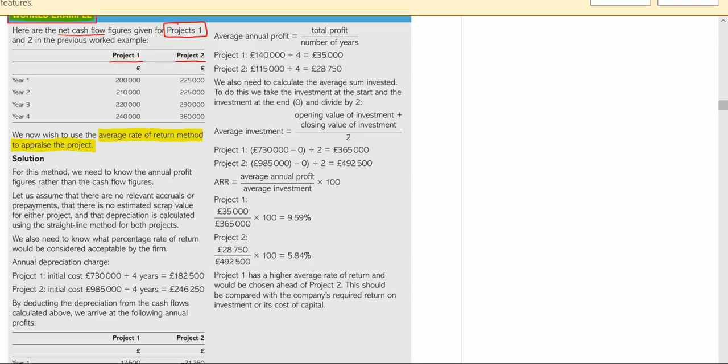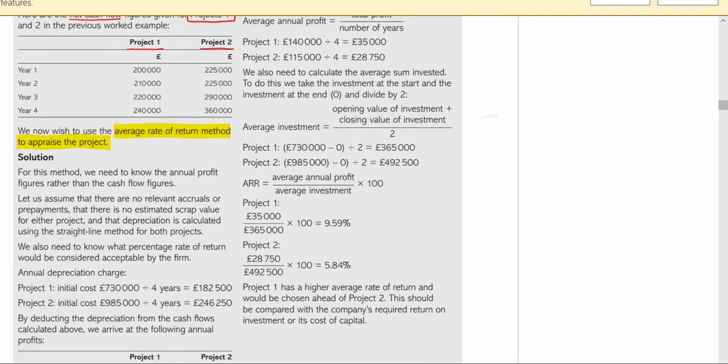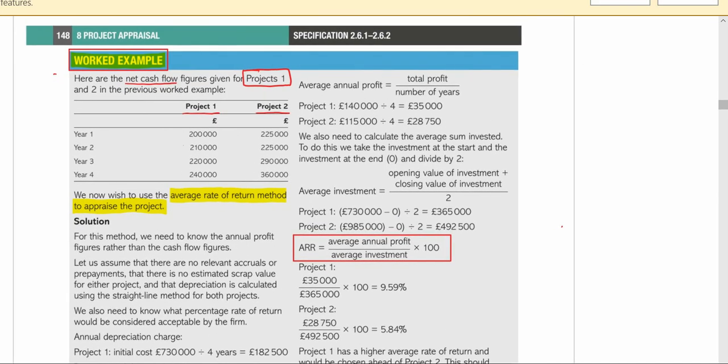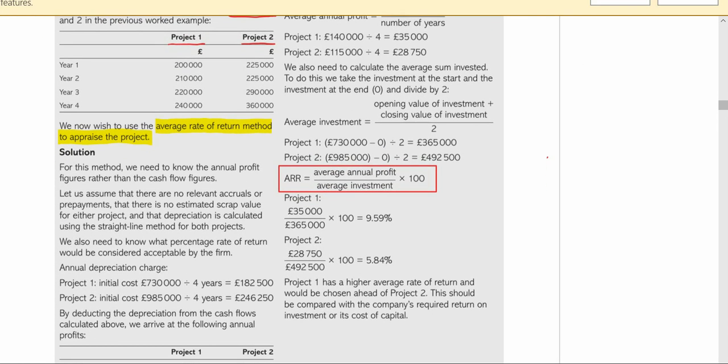Okay, so here is the formula of the ARR. We will use this formula for the calculation: average annual profit divided by average investment. First of all we will calculate the average profit.